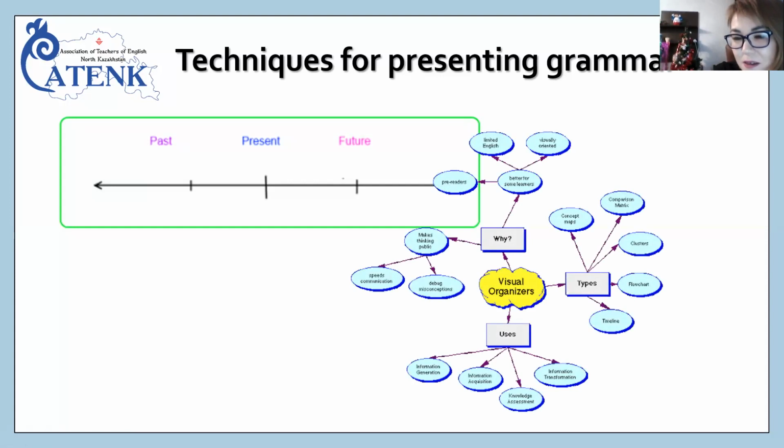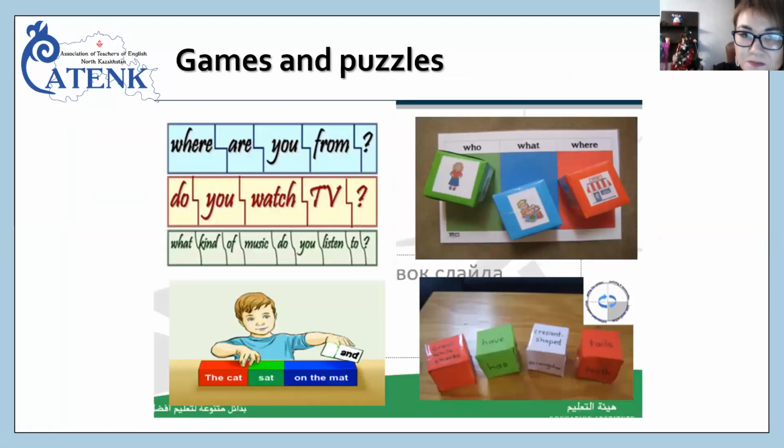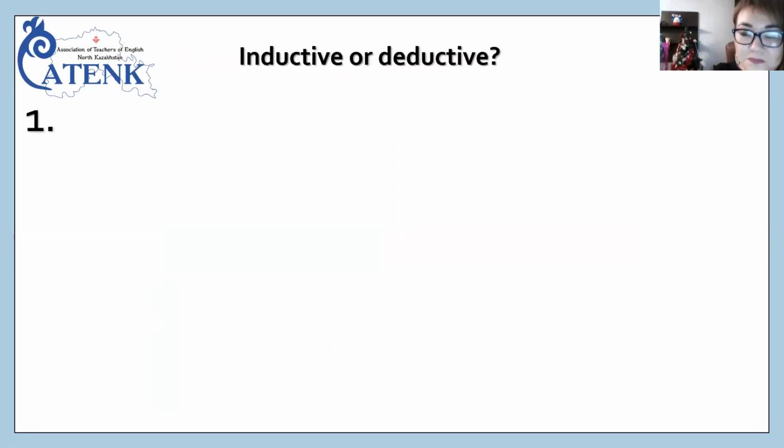Here are also other ways you can use: visual organizers or graphic organizers could also be useful to present grammar to your students. Here are also some games and puzzles. You can take a look. Here are different examples of how you can utilize them and teach your students grammar.